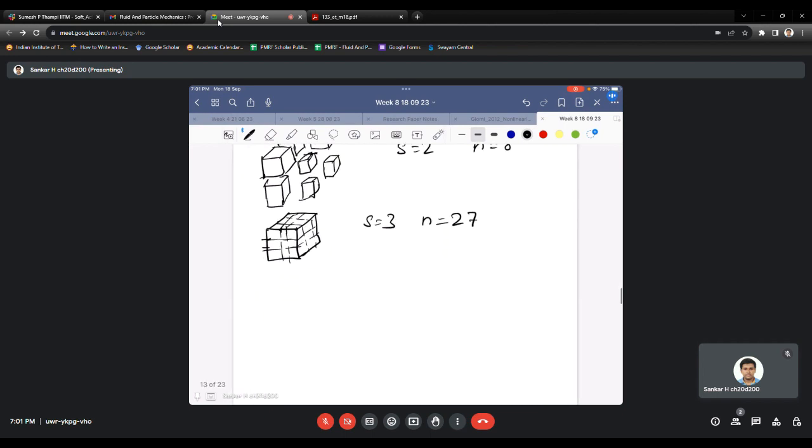Therefore, I construct a table which holds these data, where I use the line, the scaling factor here, the number here, and I'm going to write down the dimensionality on the next one.